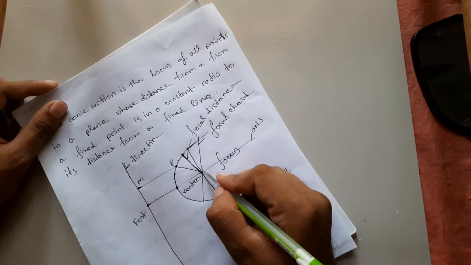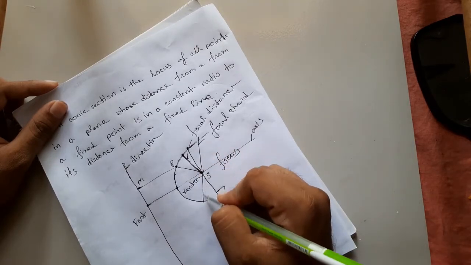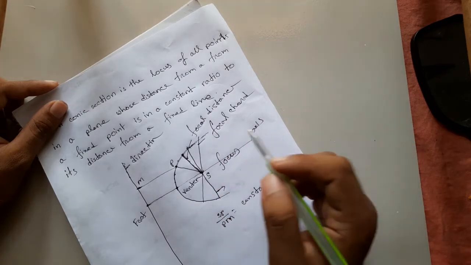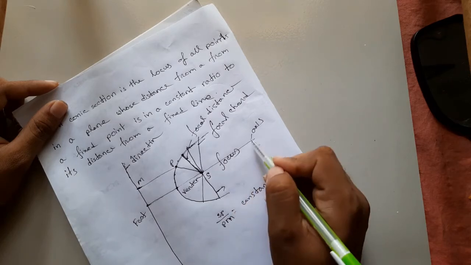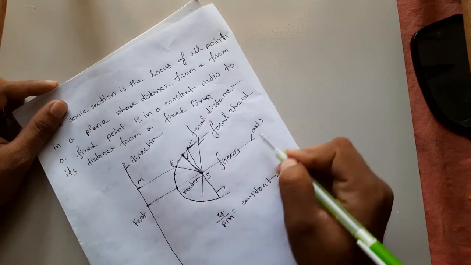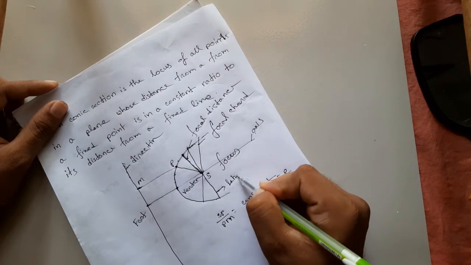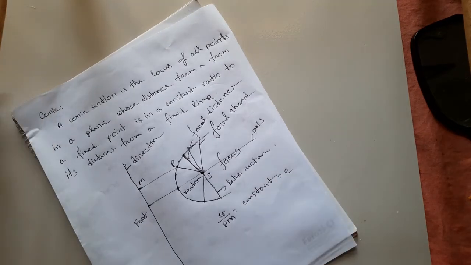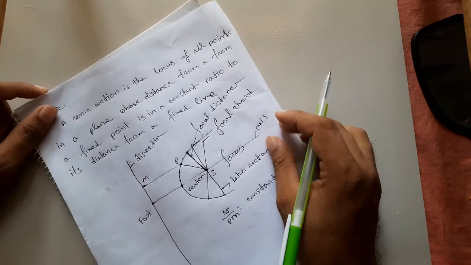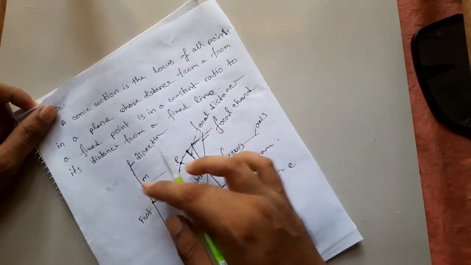Focal chord means the chord which passes through the focus, and the focal chord which is perpendicular to the axis is called latus rectum. Clear? We have to know the names of these points and lines.